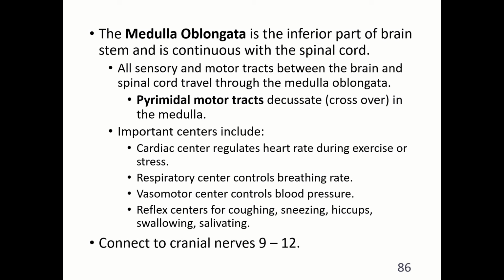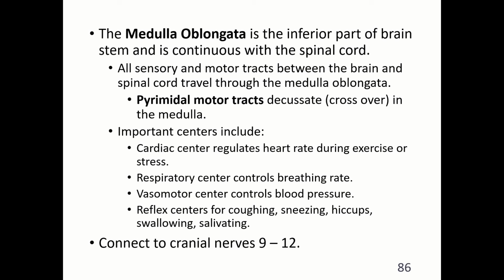Important centers of the medulla oblongata include the cardiac center, regulating heart rate during exercise or stress, a respiratory center that controls breathing rate, a vasomotor center that controls blood pressure, and reflex centers for coughing, sneezing, hiccups, swallowing, and salivating. So the medulla oblongata is a very important brainstem area for autonomic control.